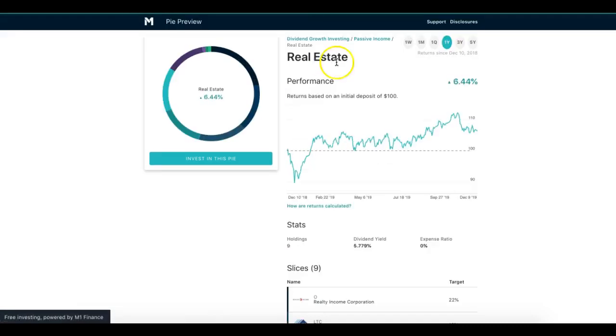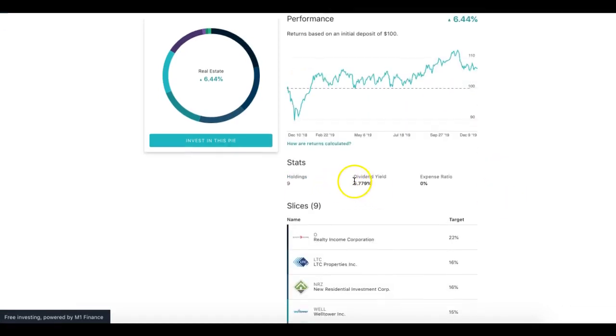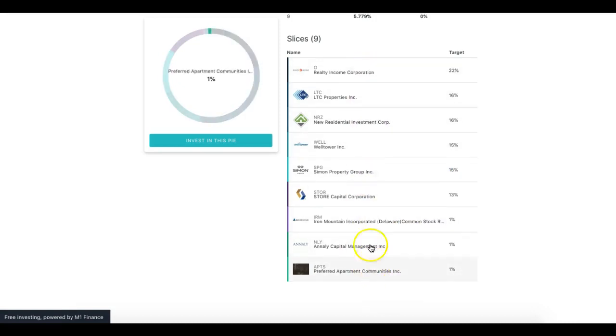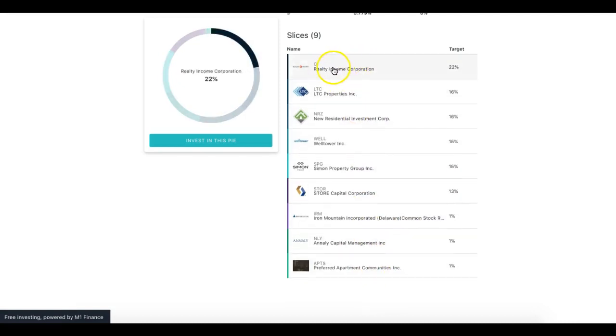Now, the reason why I'm heavily weighted towards real estate is because they pay high dividends. All these companies pay on a monthly and a quarterly basis, right? So these companies, they all have stuff, Realty Income, they own malls, they own properties.